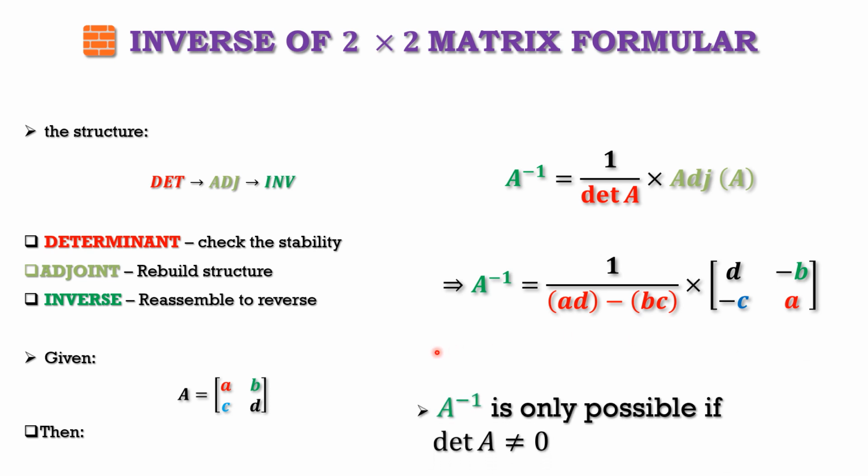And we need to note that A inverse is only possible if the determinant of A is not equal to 0.